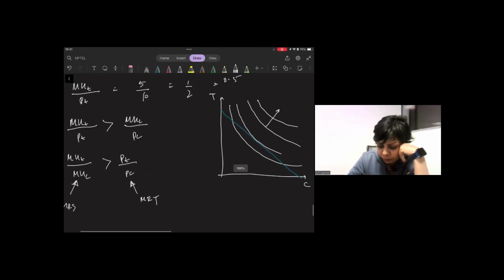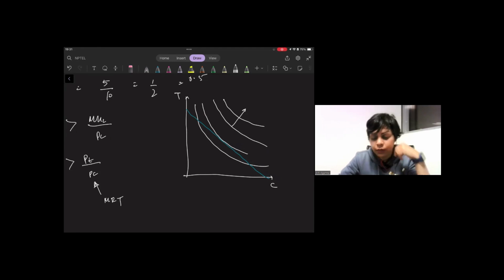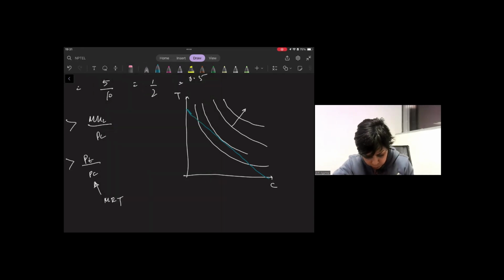Okay, so this is where we have our indifference curves, and this blue thing is the budget constraint line. Let's make it a bit thicker.